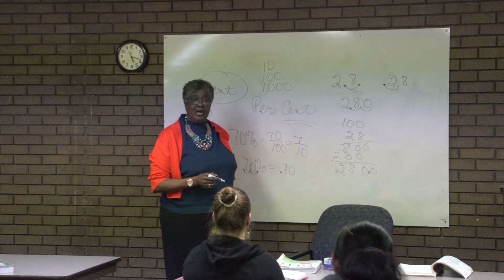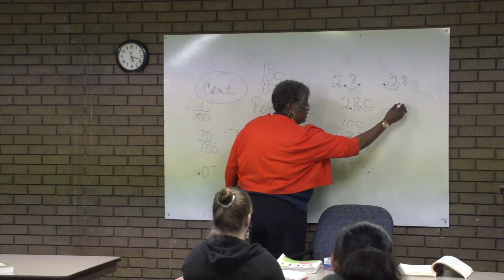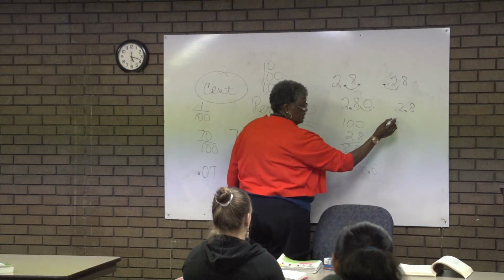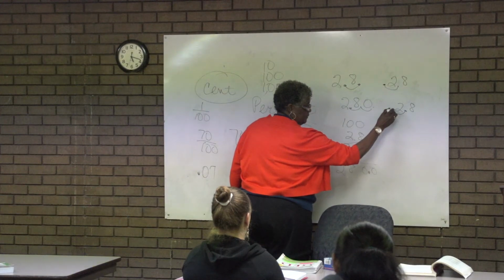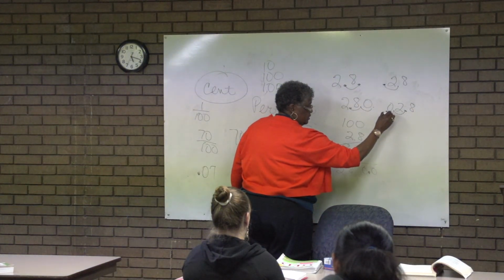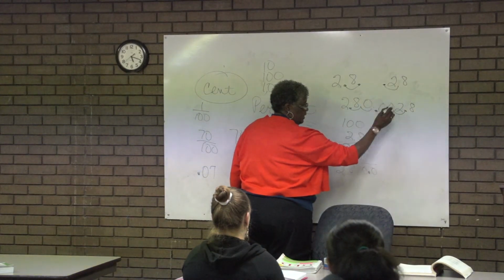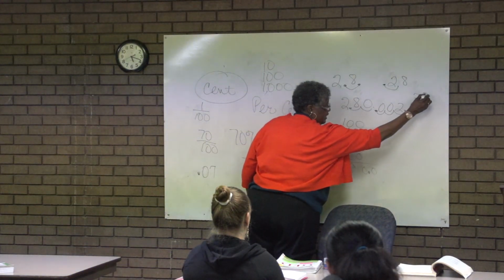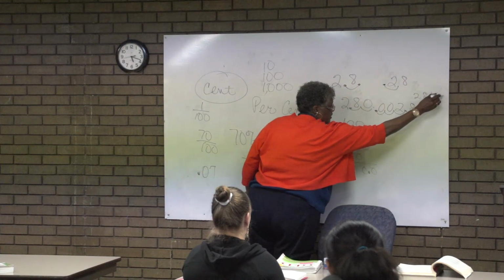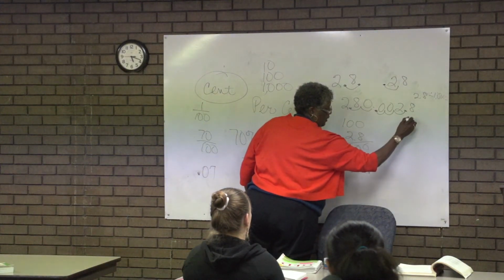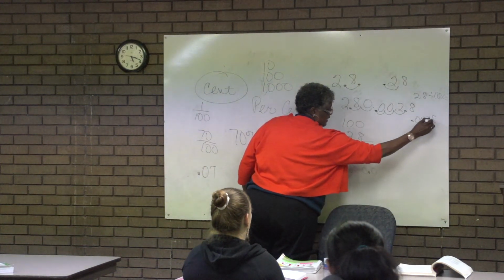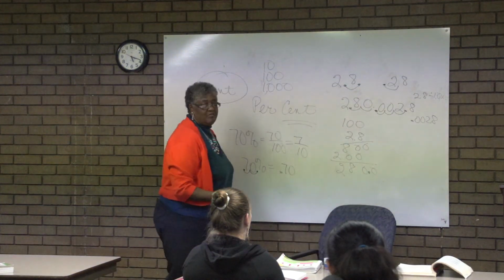Move it back 1 time. If I wanted to divide this number by 1,000, I'd move it 1, 2, 3 times. So this number divided by 1,000 would equal 0.0028, or 28/10,000.